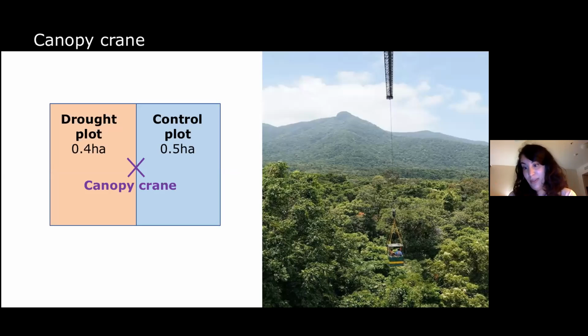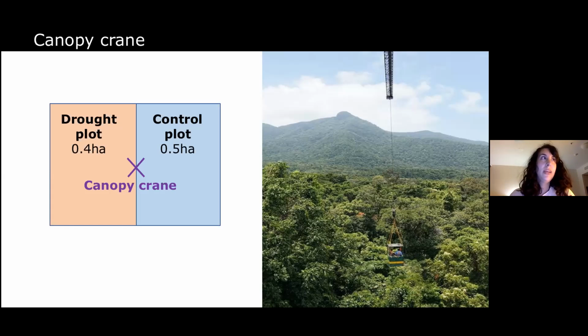A very exciting thing about the study site was that there was a canopy crane situated in the middle between the drought plot and the control plots. So you could really access the top of the trees, the canopy, and collect insects there, which was a really interesting thing to do. First, because the insect community is really different at the canopy and at the ground. So I was quite interested to see if drought would affect them differently.